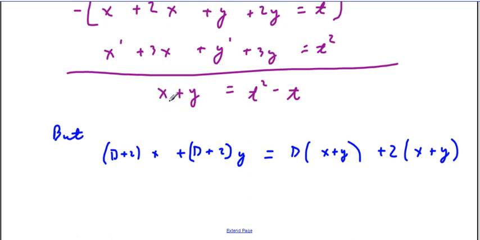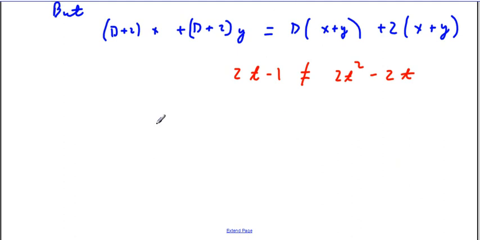So if I take the derivative of x plus y, I get 2t minus 1. And if I take 2 times x plus y, I get 2t squared minus 2t. They're not equal. So that implies no solutions. So I have no solutions to that particular differential equation.